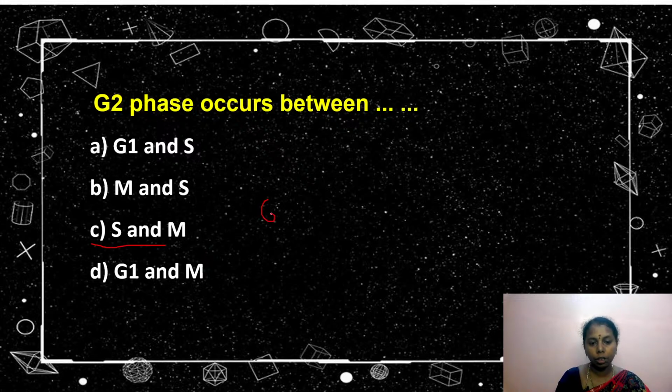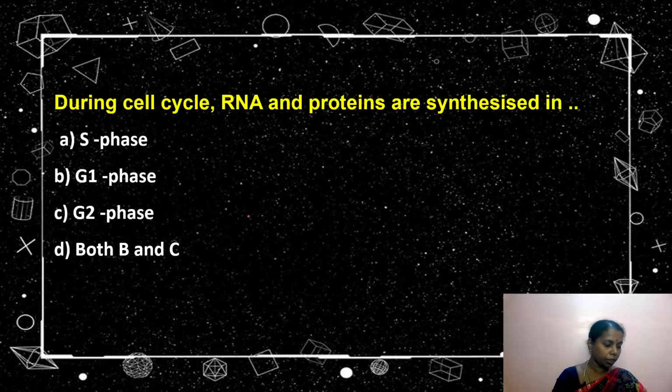As you know, it starts with G1, then we have the G2, then we have the M phase. So it is between the S as well as the M phase. Very correct answer children, excellent answer. It is C. Lakshita, Arvind Shah, Tarunika, Kalpana, Vaishnavi and Jeevan answered very correctly.